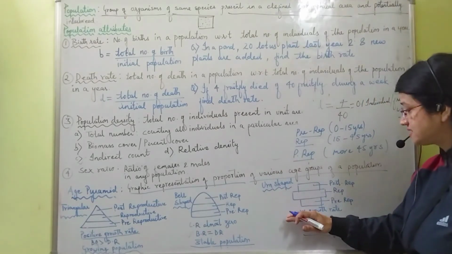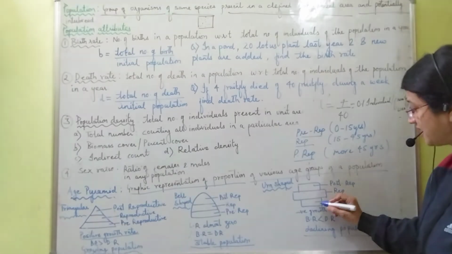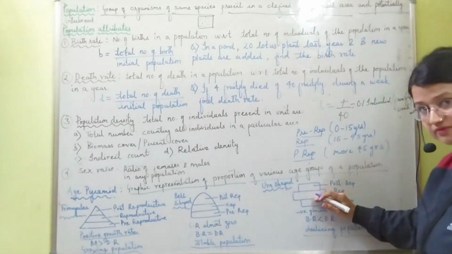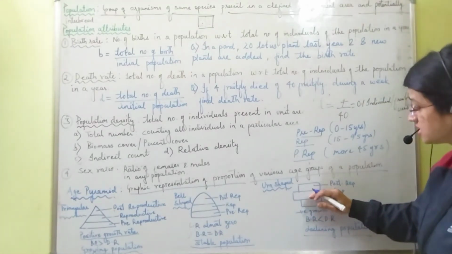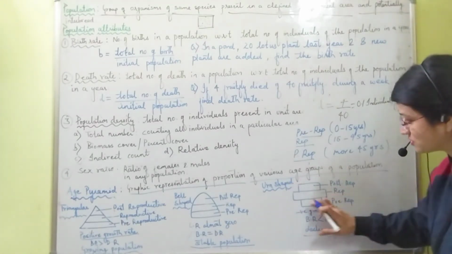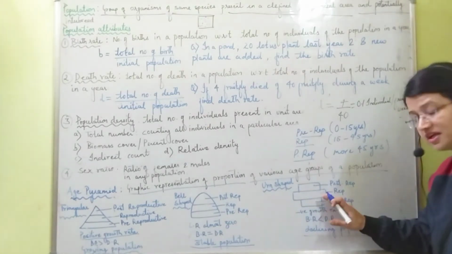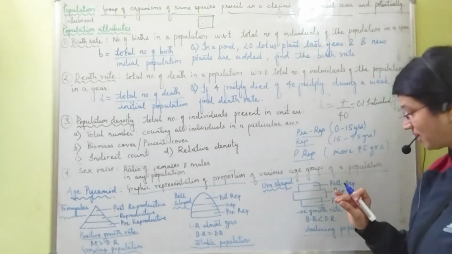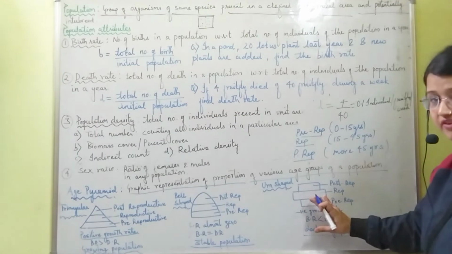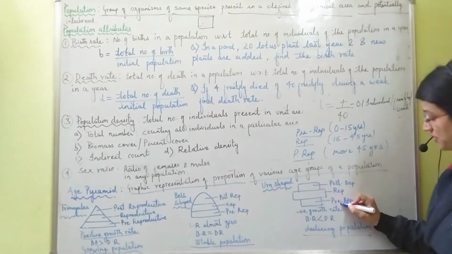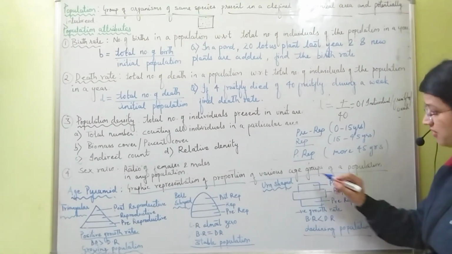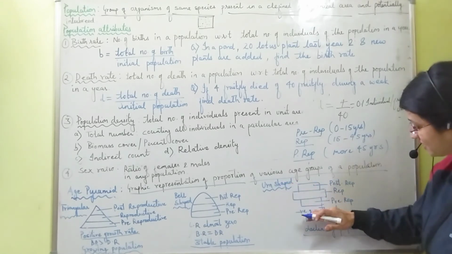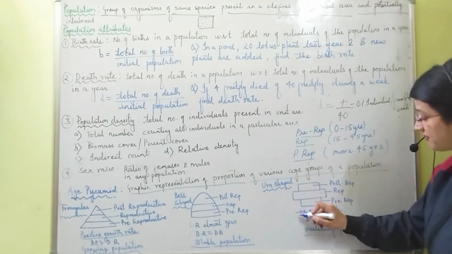The third one is where the pre-reproductive are less than the reproductive. So here we will get an urn shape. This shape is known as urn shaped, and in highly developed countries like Japan, we will get this type of age pyramid. Here we can see that there is a negative growth rate.